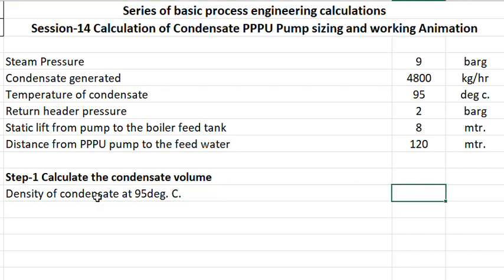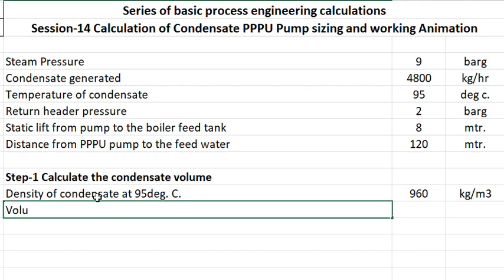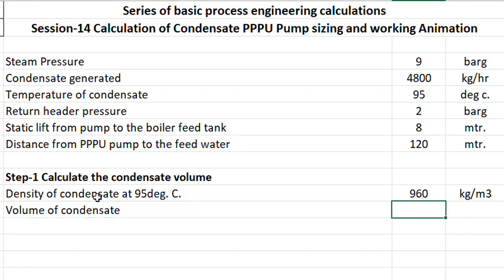At 95 degrees Celsius, the density of condensate is 960 kg per meter cube as per the standard data. You can get it from Google also. Based on that, we calculate the volume of condensate. We have 4800 kg per hour as the mass flow rate, so we have to convert that into the volumetric flow rate, which is 5 meter cube per hour.